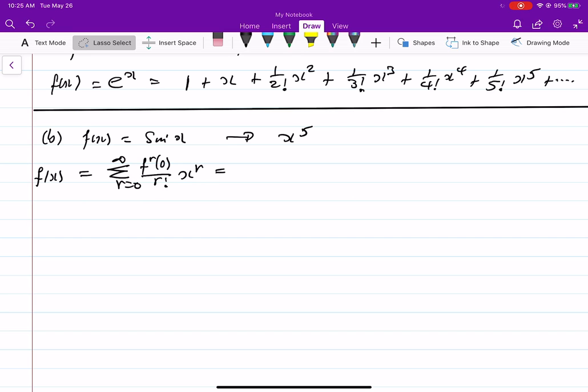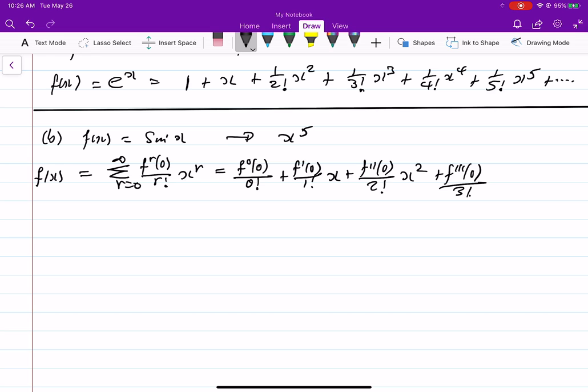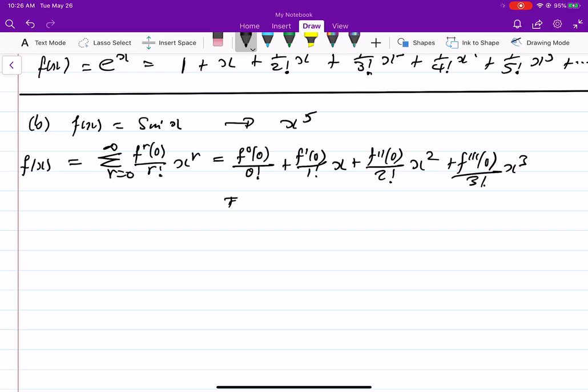That's equal to f0 primes of 0 over 0 factorial plus f prime of 0 over 1 factorial times x, f double prime of 0 over 2 factorial times x squared, f triple prime of 0 over 3 factorial times x cubed, f quadruple prime of 0 over 4 factorial times x to the fourth, and f quintuple prime of 0 over 5 factorial times x to the fifth.